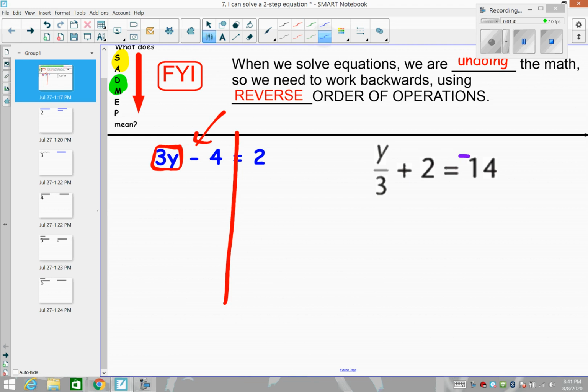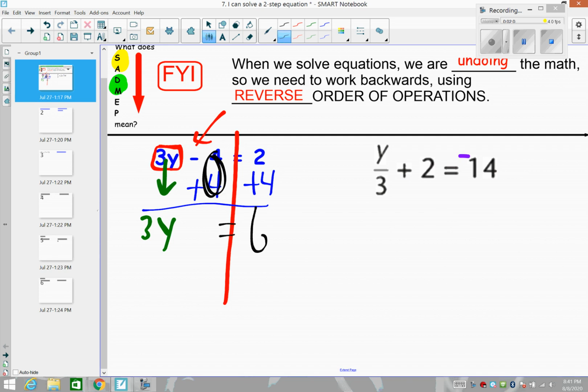So to get rid of a subtract 4, we are going to add 4, copy, paste. This becomes 0. And on the right-hand side, we have just 2 plus 4. You wouldn't even need to tug of war that because it's just 6.